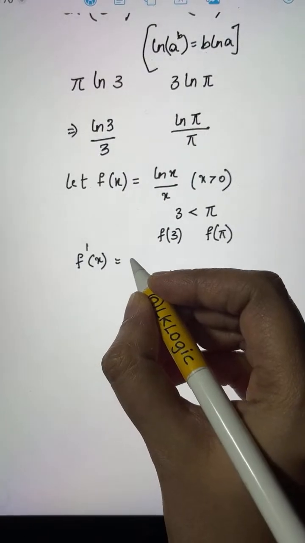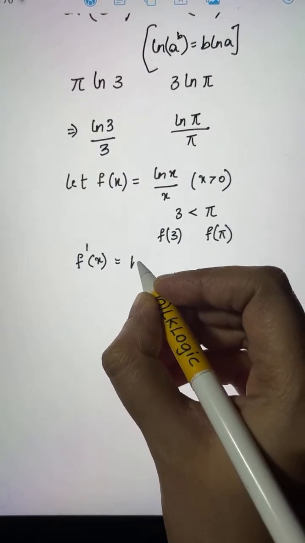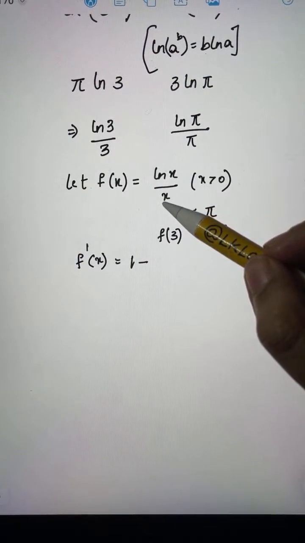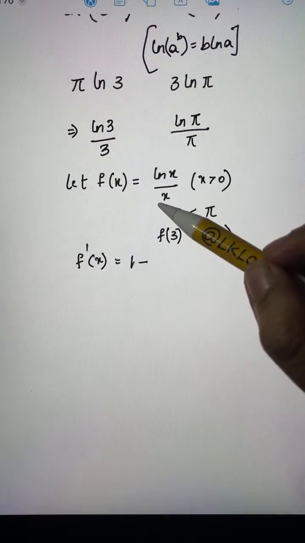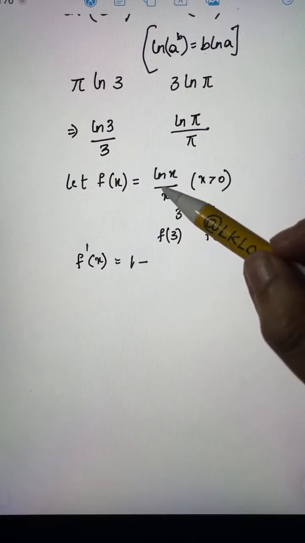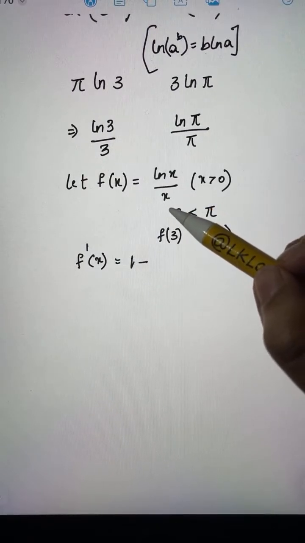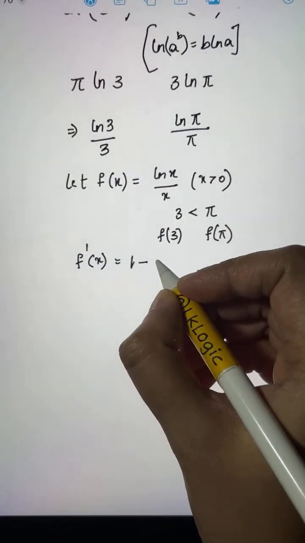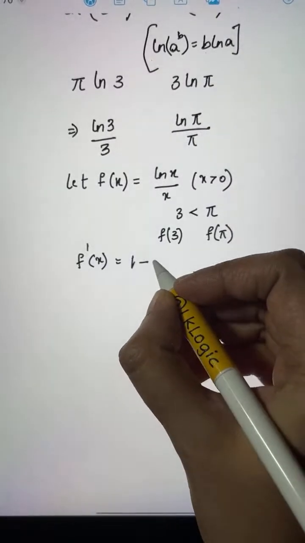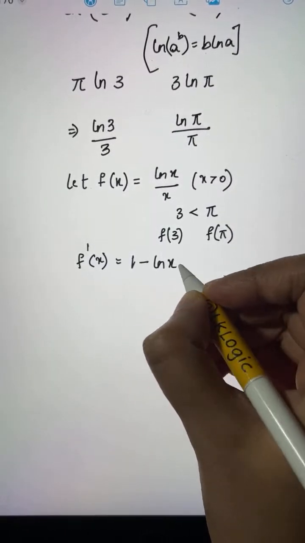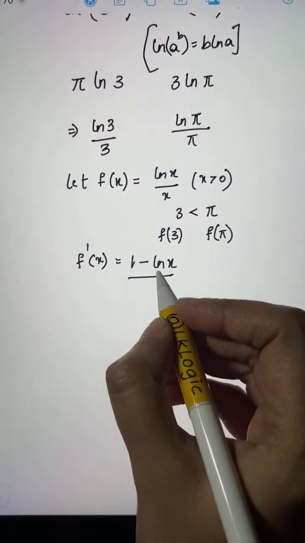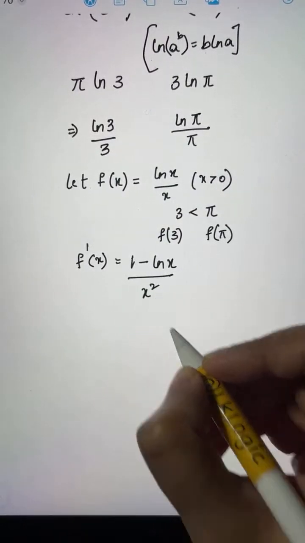So I'm going to write that down: 1 minus the natural log of x times the derivative of the denominator, which is 1, so that is natural log of x. Then your denominator is squared, that's x squared.